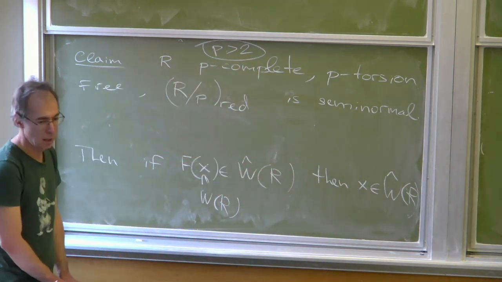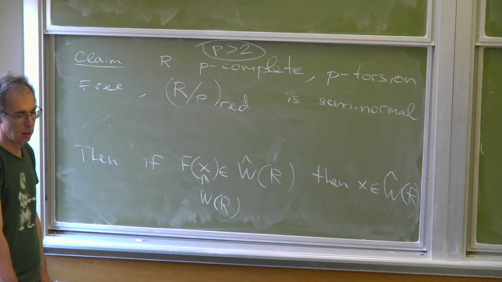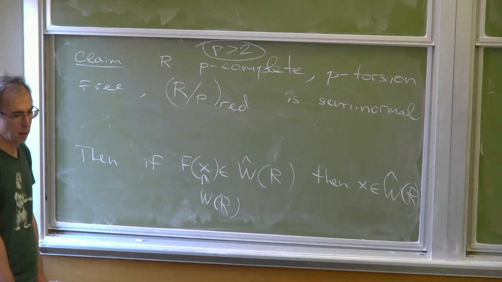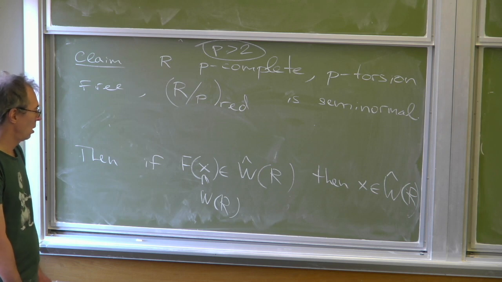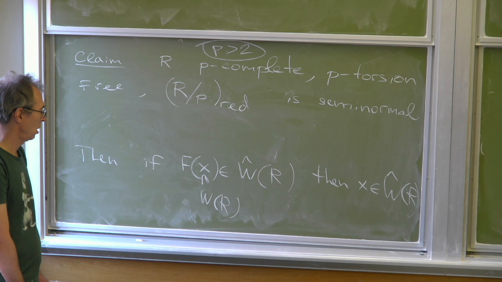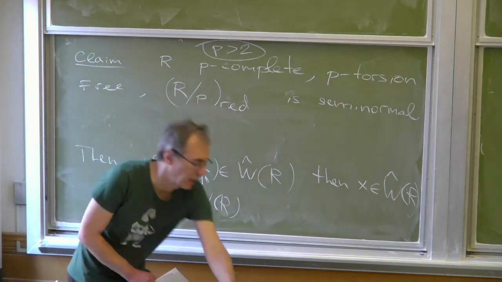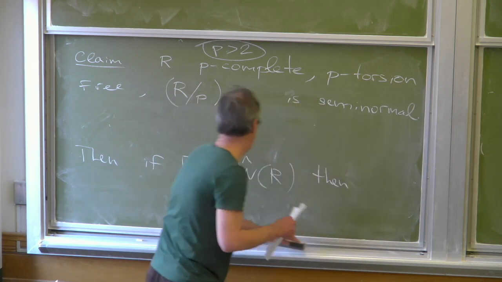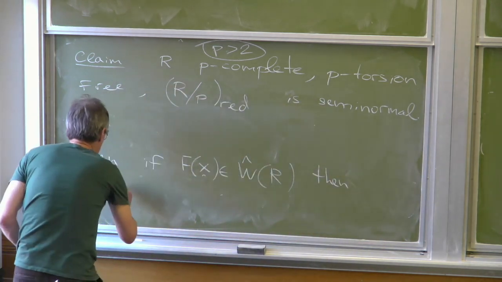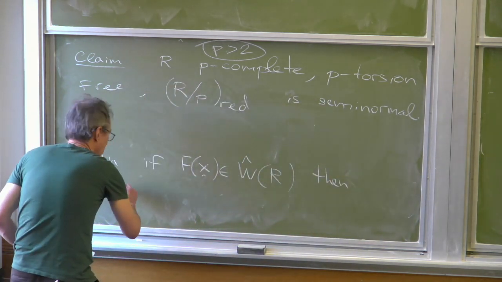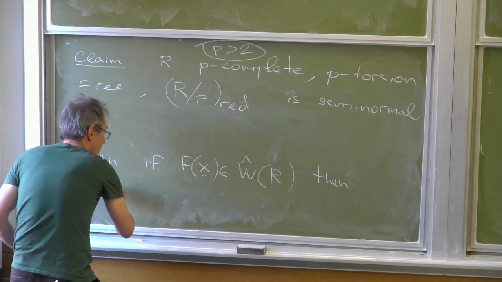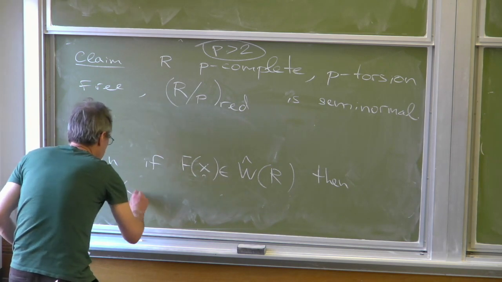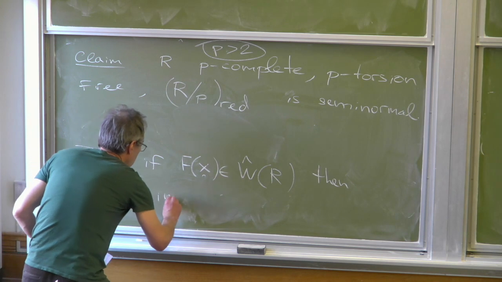I thought you would need that R mod p itself is reduced, because then you have the example of bracket zeta_p minus 1, so that Frobenius of x is in W hat. Sorry, you are saying that.